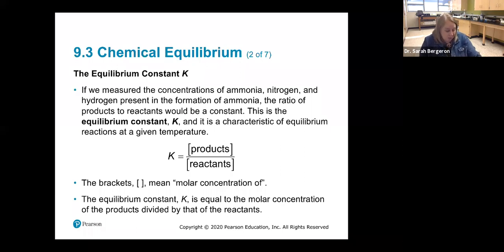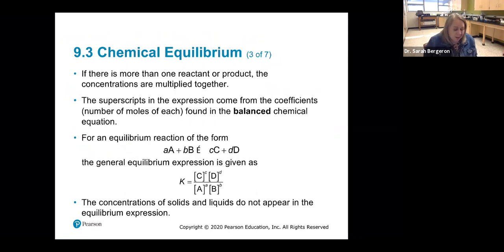And so anytime you see this bracket, that's saying molar concentration, right? Moles per liter. That's what it's referring to. So the equilibrium constant is equal to the molar concentration of the products divided by the molar concentration of the reactants, right? And if there's more than one reactant or product, you're going to multiply them together.